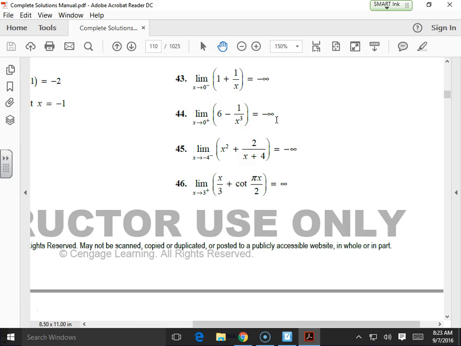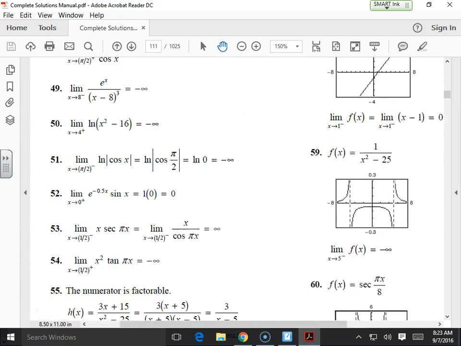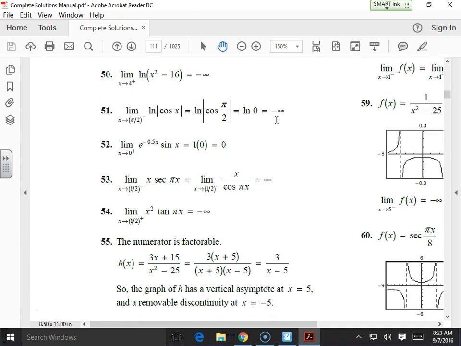Next one. 52. Oh, yeah. 0. What? How is it 0? Okay. Word to the wise: whenever we see negative exponents, our brains can't comprehend, so rewrite it. Limit as x goes to 0 from the positive side. What does a negative exponent mean? Over.